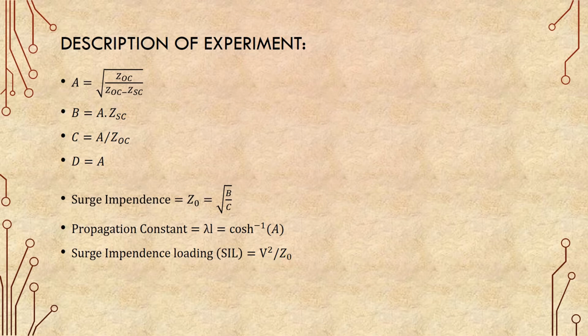That means if we are transmitting the power at SIL level, we don't spend any extra amount on the cost of compensation. So power transfer cost will be less if we are transmitting the power at SIL level.